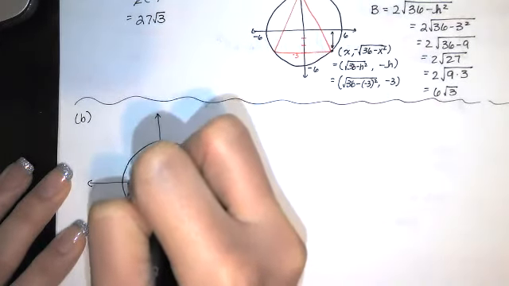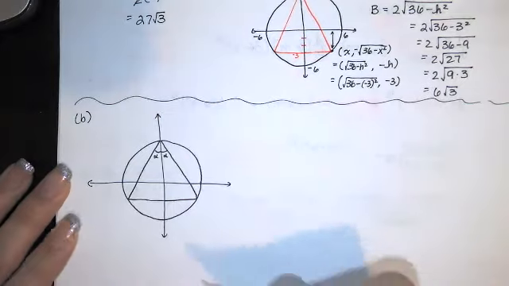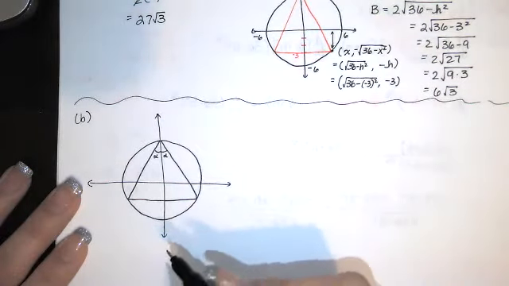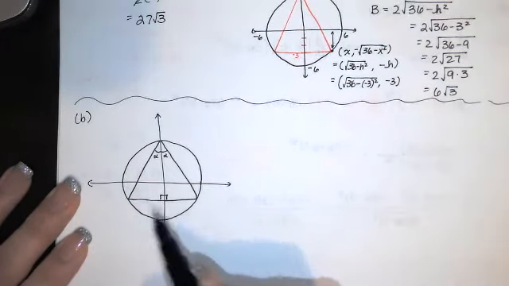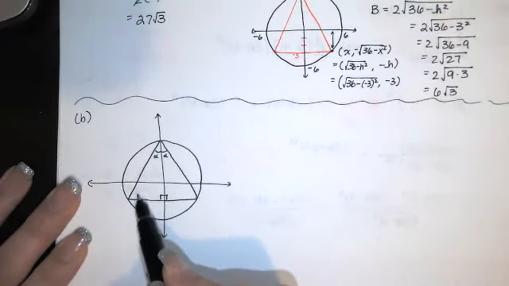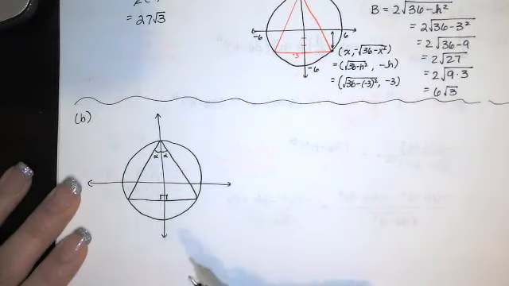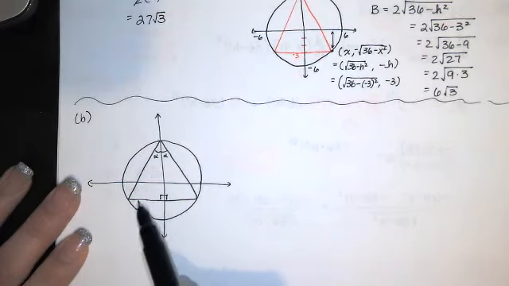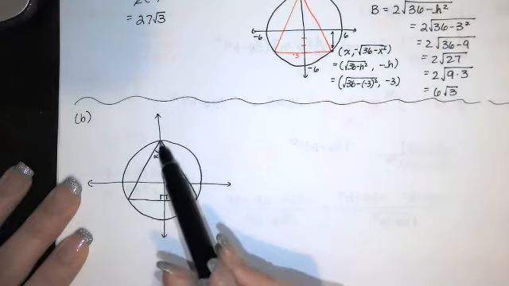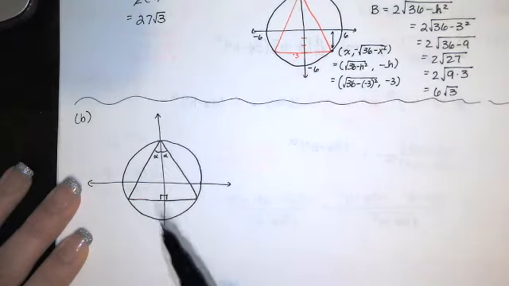Okay, so this is alpha. And this is an isosceles triangle. So I know that this angle plus this angle plus this angle has to be 180, and these two angles have to be the same. So with that, I could find these two angles in terms of alpha. We could also remember that we're taking this angle at the top and splitting it into two pieces.